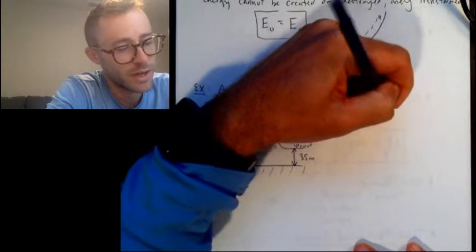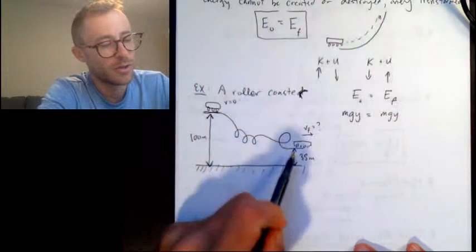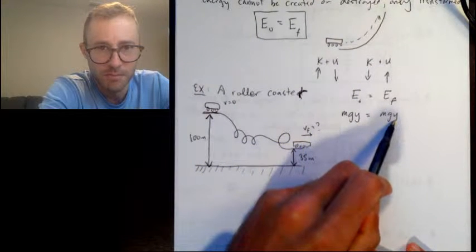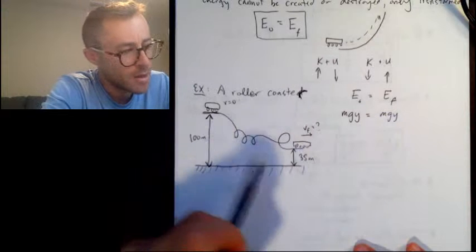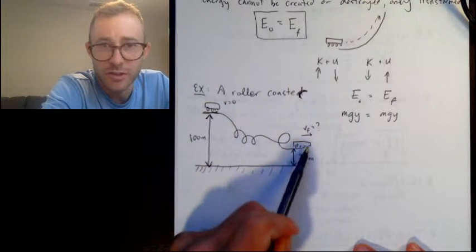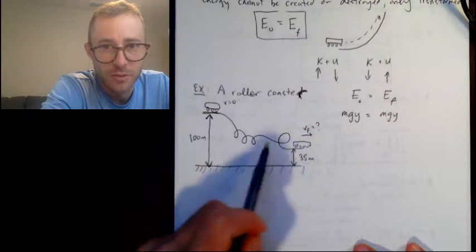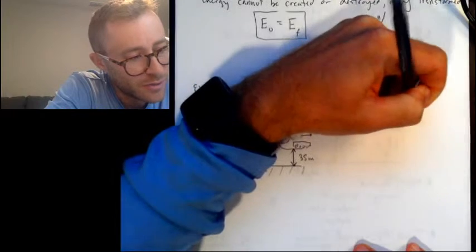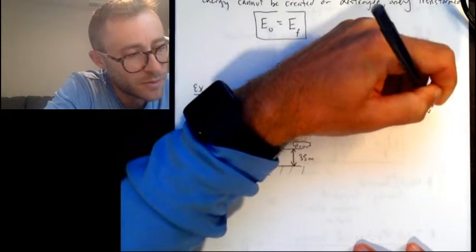So it's still going to have mgy when it reaches this spot. It's just the y value is going to be different. And then also, because the y value has changed, it picked up speed. So we now have motion happening. So we have kinetic energy, 1/2 mv squared.